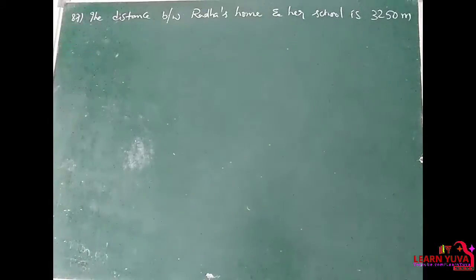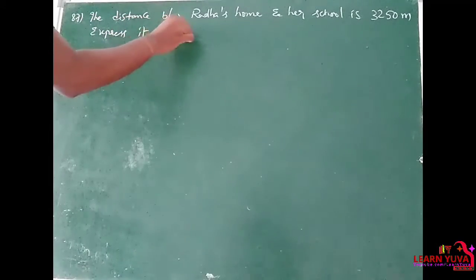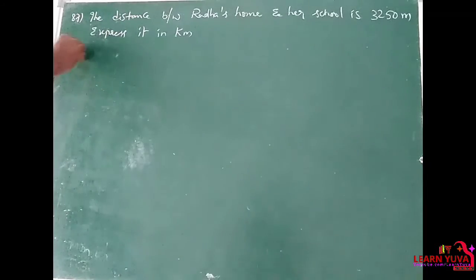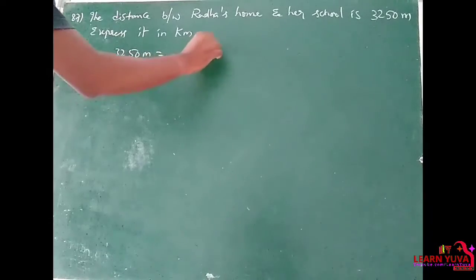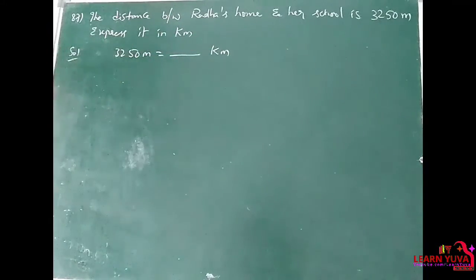The distance between Radha's home and her school is 3250 meters. Express it in kilometers. Right? So we need to convert 3250 meters to dash kilometers. So for this, the process is left hand value by right hand value.